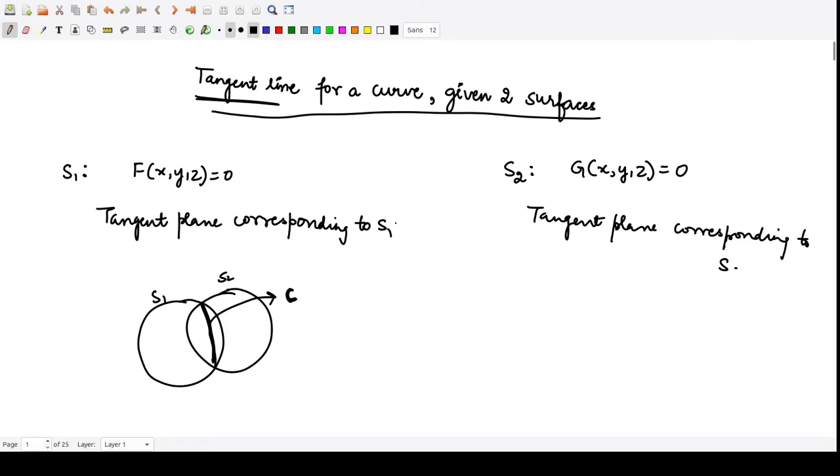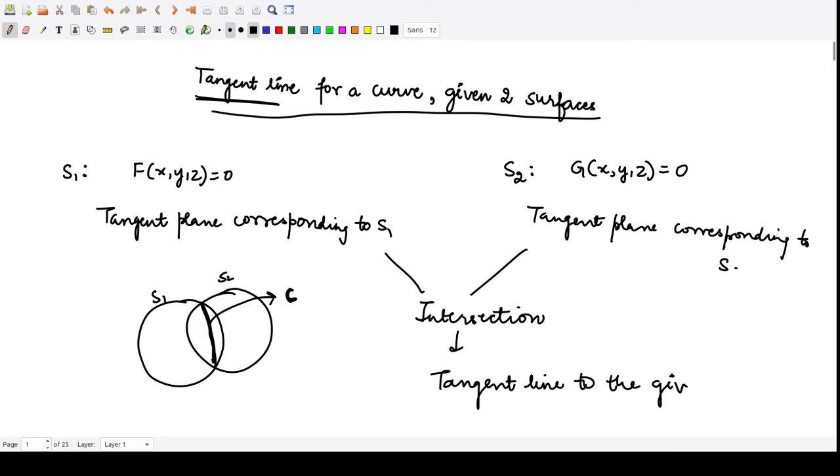So now whatever is the intersection of S1 and S2's tangent planes, that would be the tangent line to the given curve C.